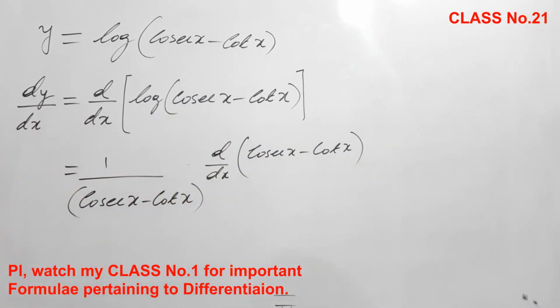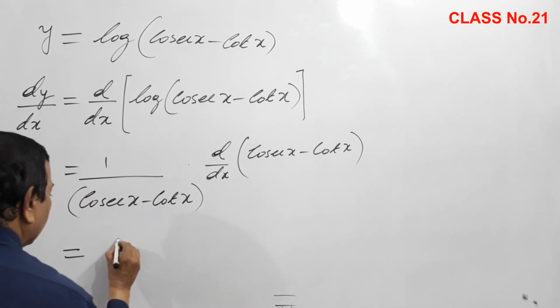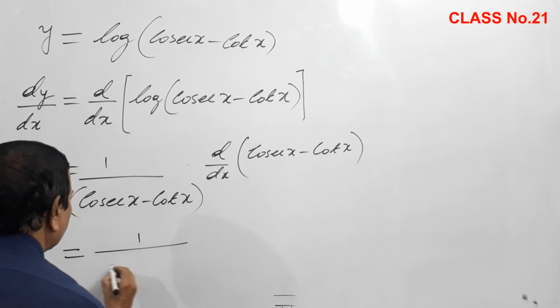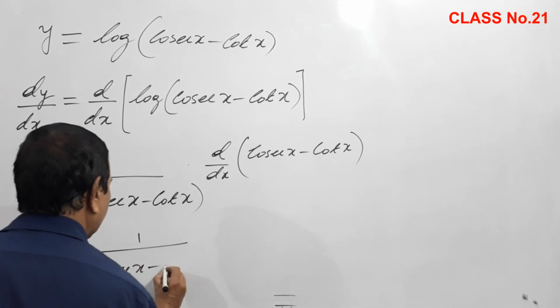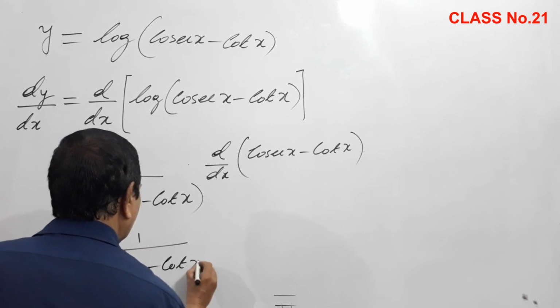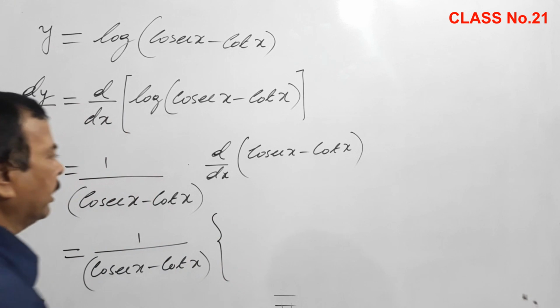Okay. So now this is equal to what? 1 by cosecant x minus cot x. So I'll use the bracket.